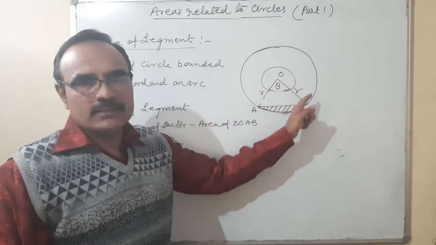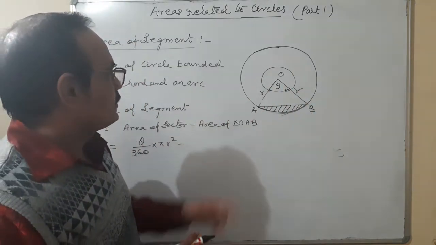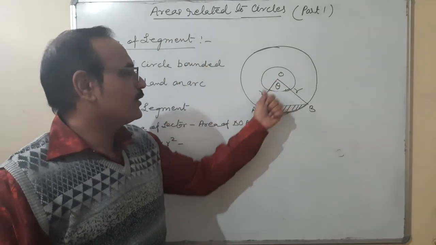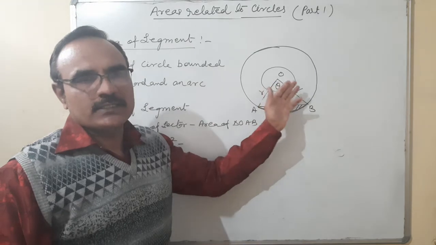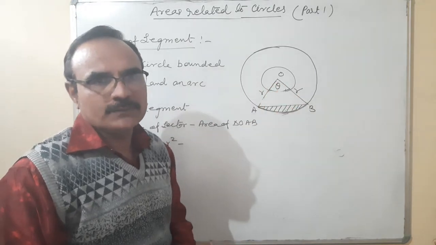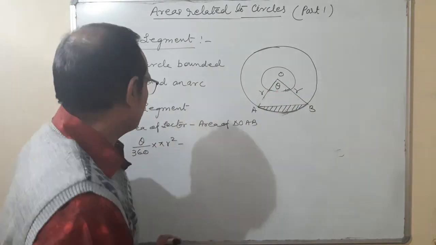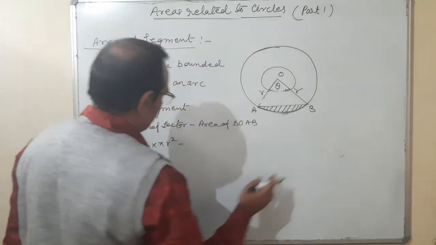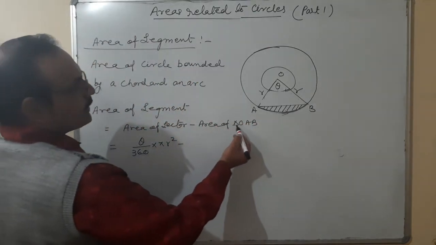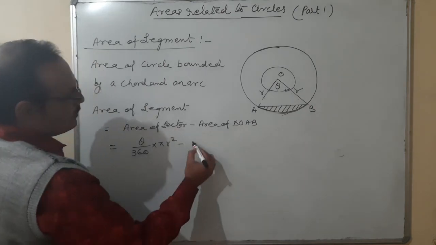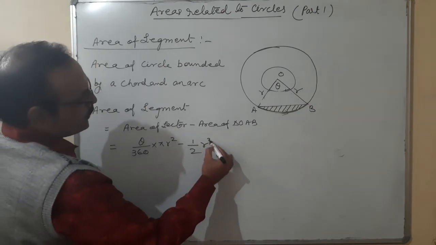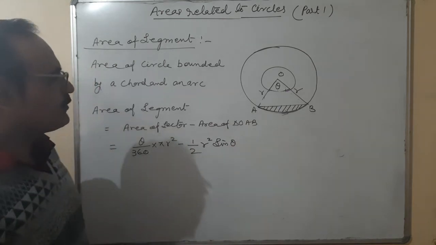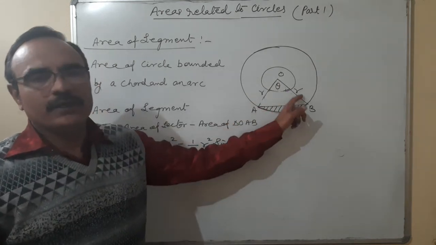In triangle OAB, OA is equal to OB always, because these are the radii and radii are always equal. So here one formula we'll have to remember. I will derive how this formula is coming, but you remember it. Area of triangle OAB is equal to 1 upon 2 r square sine theta. This is the formula for finding the area of triangle OAB.